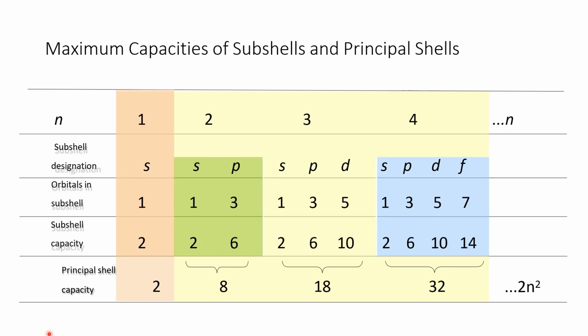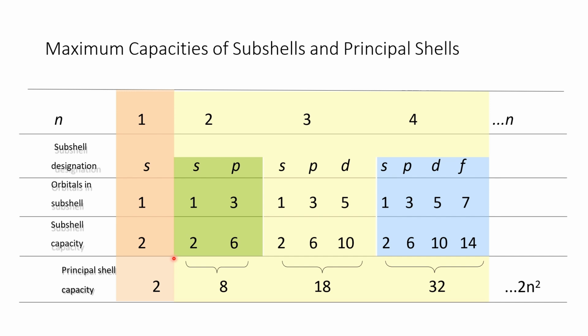Now let's connect what we learned in this summary table. This shows the maximum electron capacity for each subshell and main energy level.